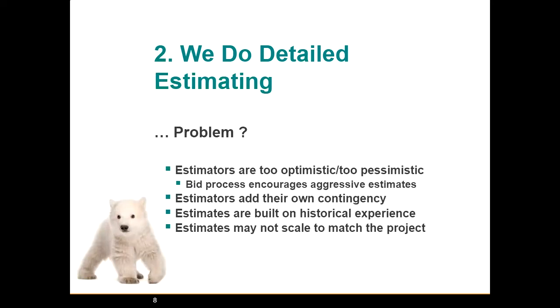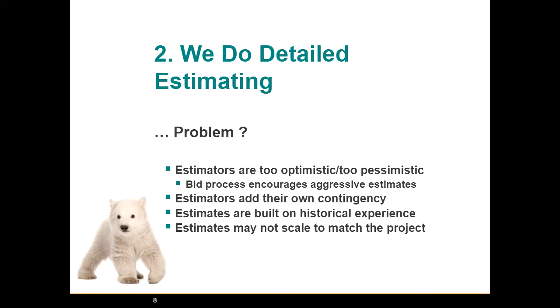We do detailed estimating. But the problem is, a lot of times estimators are encouraged to be either too optimistic or too pessimistic, particularly when we're in a bid process, which encourages aggressive estimates. Estimators may also add their own contingency. We've all been on projects where we've had a contingency line item and someone's removed it because they say, oh, you don't need that.